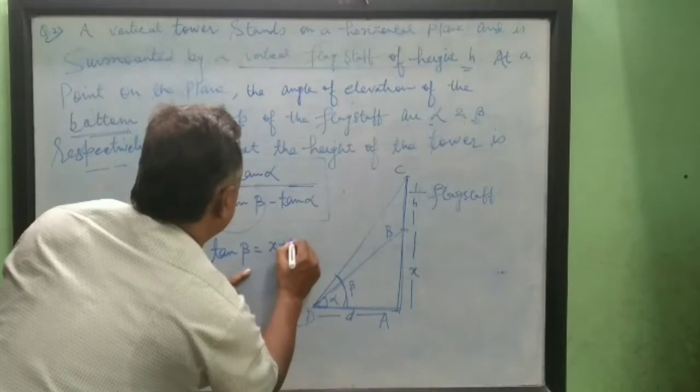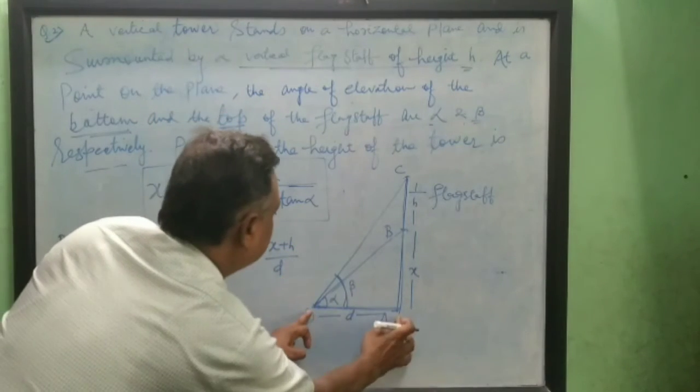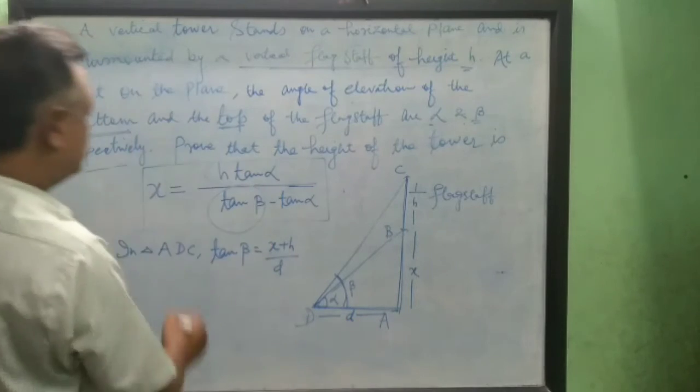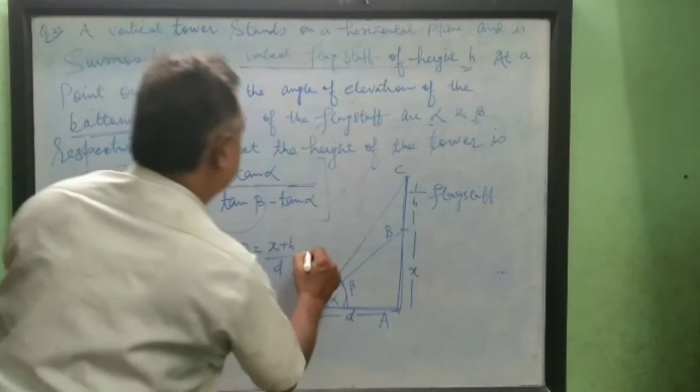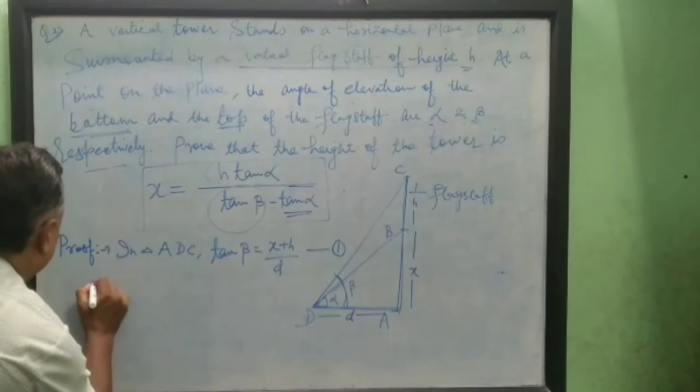So x plus h is the perpendicular and the base is D. This I have taken as a small d. So tan beta is equal to (x plus h) by d. First equation. Then take the ratio tan alpha.